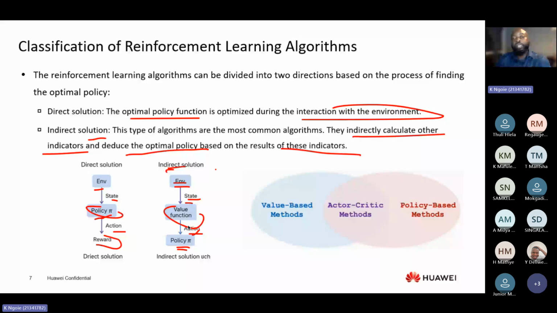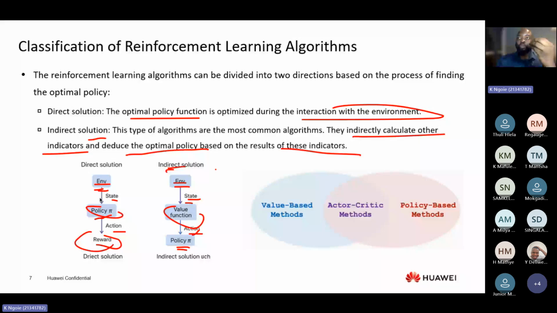To understand the direct solution, we're basically trying to maximize the expected return, to maximize how much reward we're going to get. So we go straight from the environment and optimize the policy based on the interaction with the environment directly.